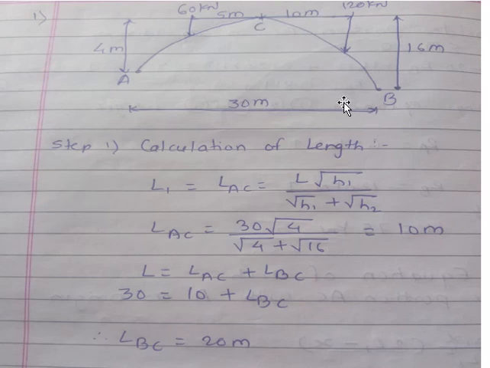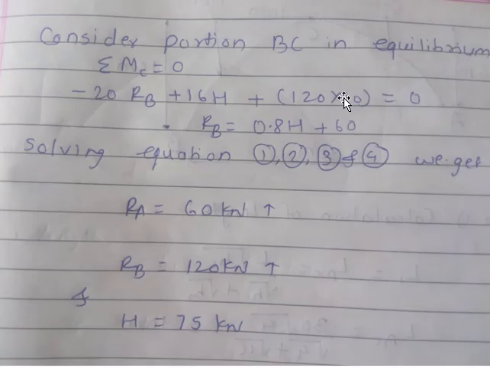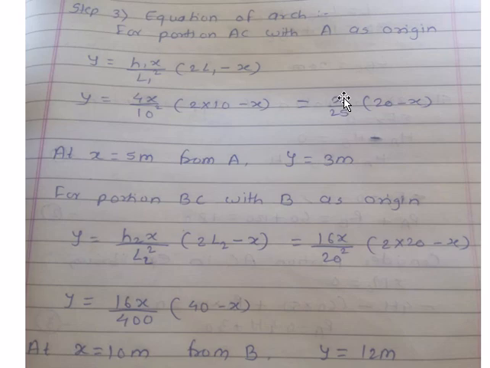So the remaining distance x, by considering the origin at B, is 10 meter. So put the value in this equation, you will get x is equal to 5 meter from origin at A, and you will get y is equal to 3 meter by putting the x value in this equation.